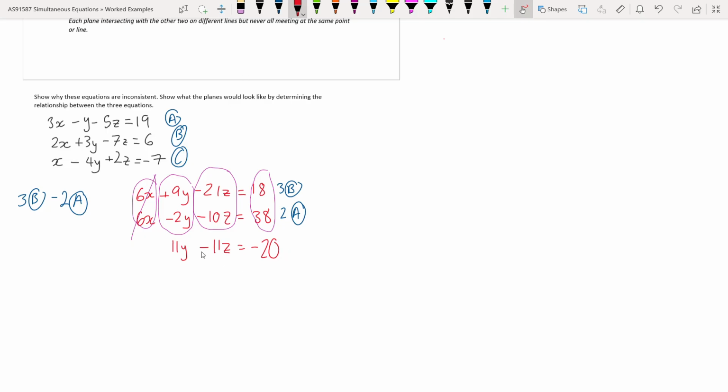So that is our equation there. That tells us that the planes A and B intersect on this line.